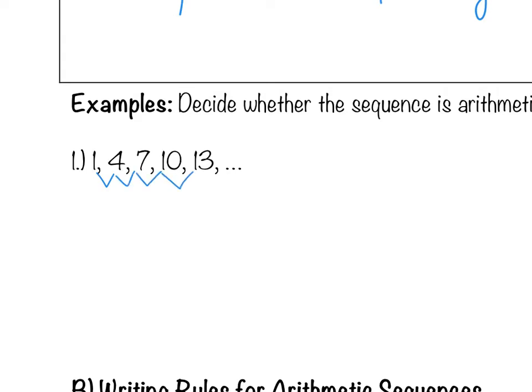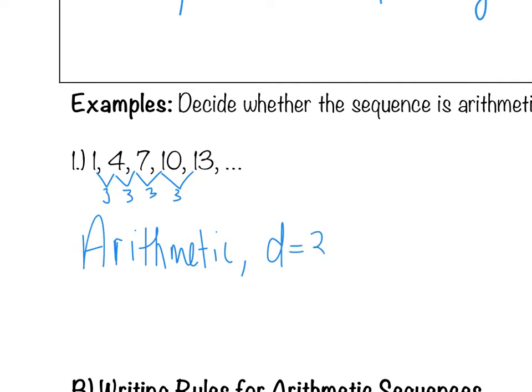The difference between 1 and 4 is 3. The difference between 4 and 7 is also 3, and 3 and 3. So yes, this would be arithmetic, and the common difference, or D, will equal 3.